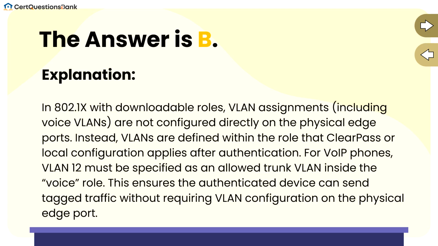For VoIP phones, VLAN 12 must be specified as an allowed trunk VLAN inside the voice role. This ensures the authenticated device can send tagged traffic without requiring VLAN configuration on the physical edge port.